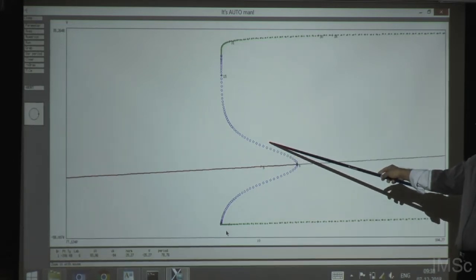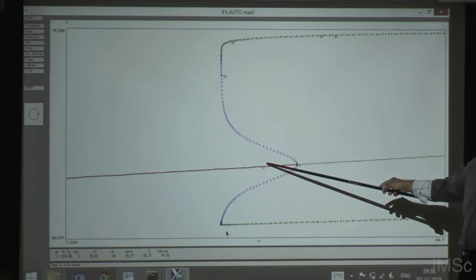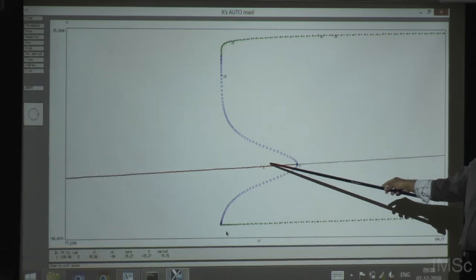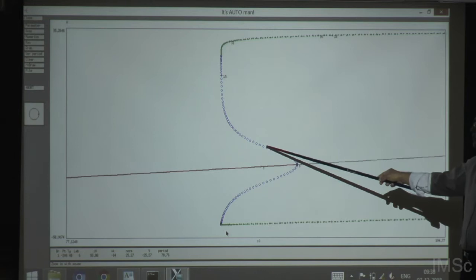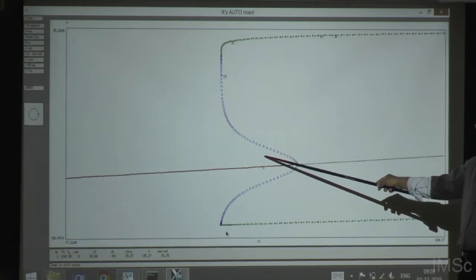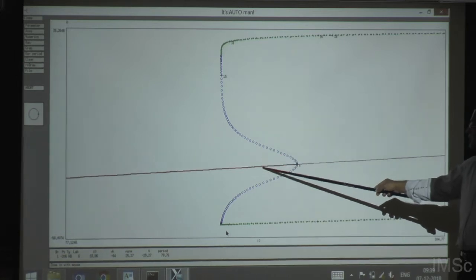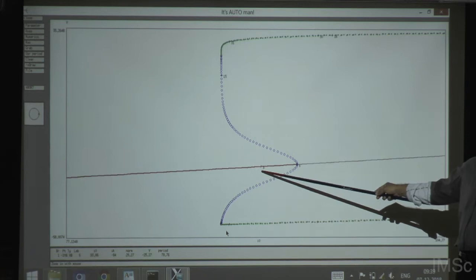If you pick this position out, then that's an unstable periodic orbit. If you're exactly on an unstable periodic orbit, you will stay on it. But if there's a perturbation, you will move away from it. If you happen to be on this side, whatever that means, you will get attracted towards the fixed point, because that's stable, that's attracting nearby trajectories.